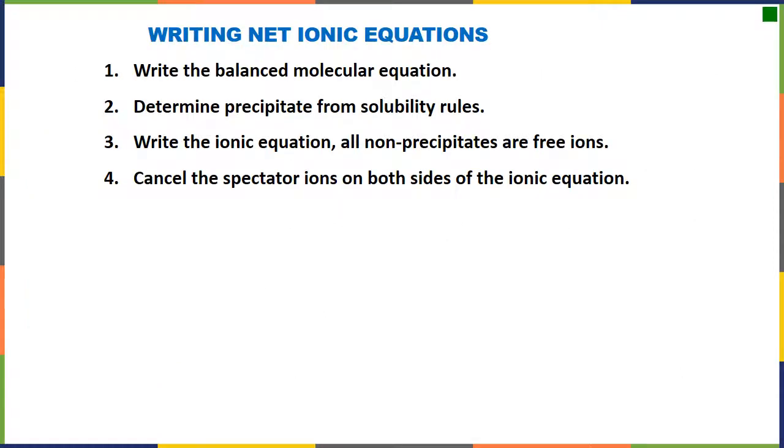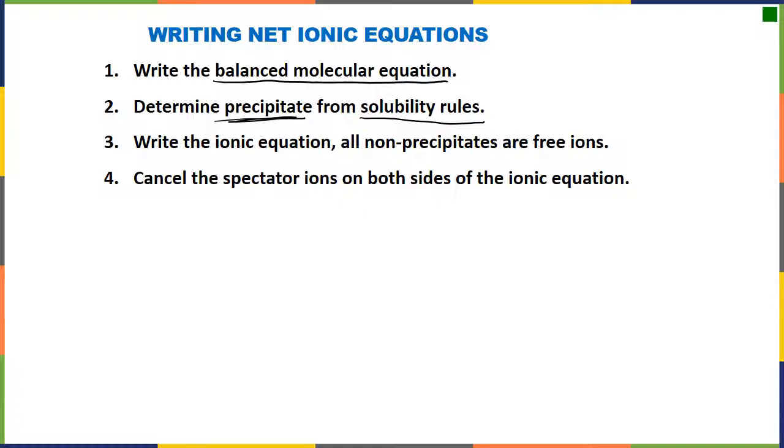So a quick set of rules for our net ionic equation. We're going to start out with the balanced molecular, meaning everything is written as if it were attached, and we just write that out, and that's the equation we're going to use for our math or our stoichiometry calculation. Now, we're going to apply the solubility rules and see if anything actually happened. If we're making something insoluble, we are going to write it as a solid.